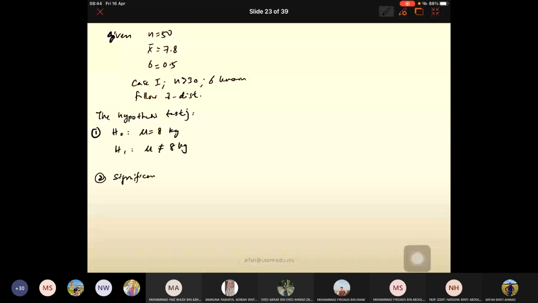Okay. Dan step ketiga, dapatkan awak punya test statistik. So apa test statistik for this question? Dia akan jadi Z sama dengan x bar minus the mean divided by sigma over surd of n. So x bar adalah sama dengan 7.8 tolak 8 dibahagi dengan 0.5 over surd n, n awak adalah 50.